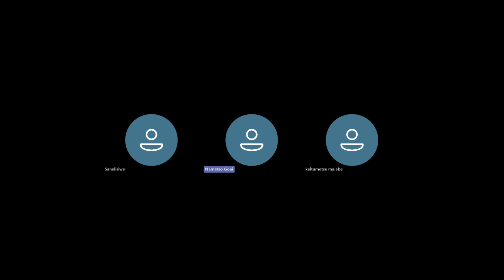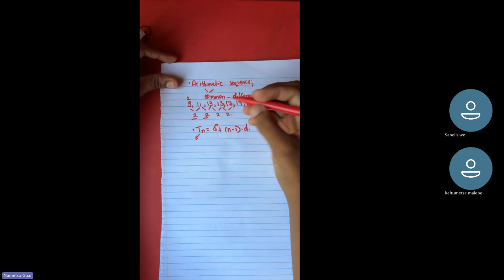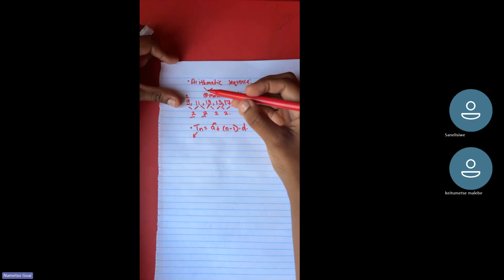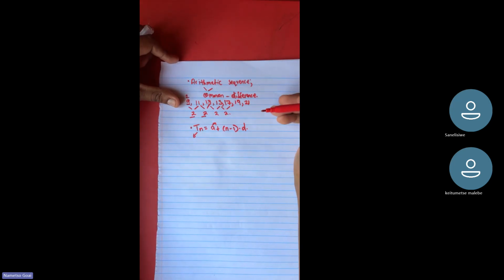Now let's look at this 13. As I was saying, n is the position of where the number is along the sequence, right?